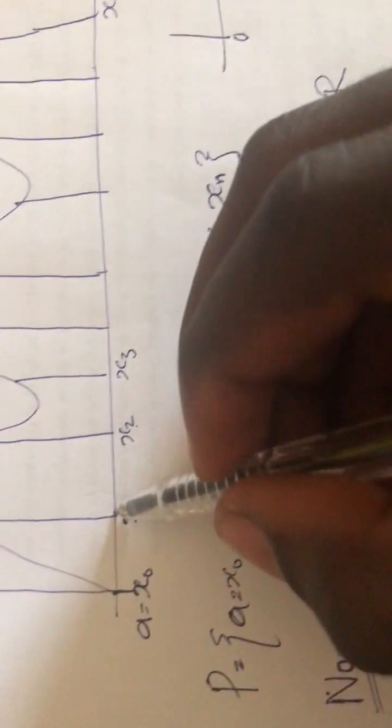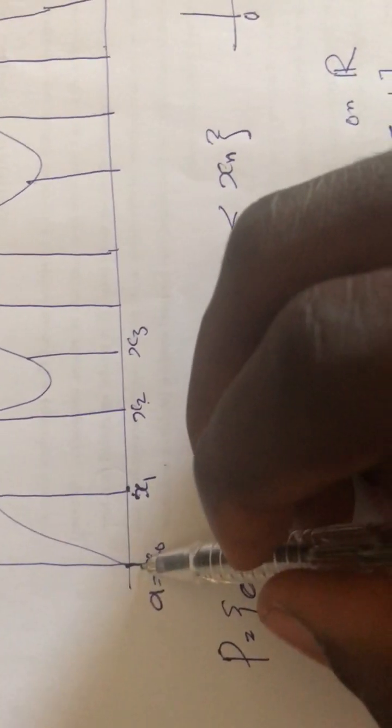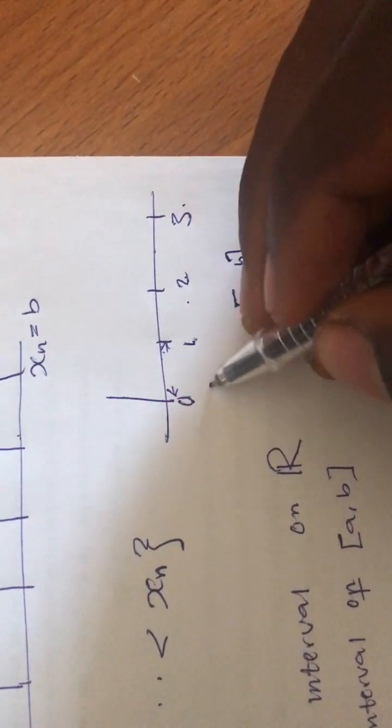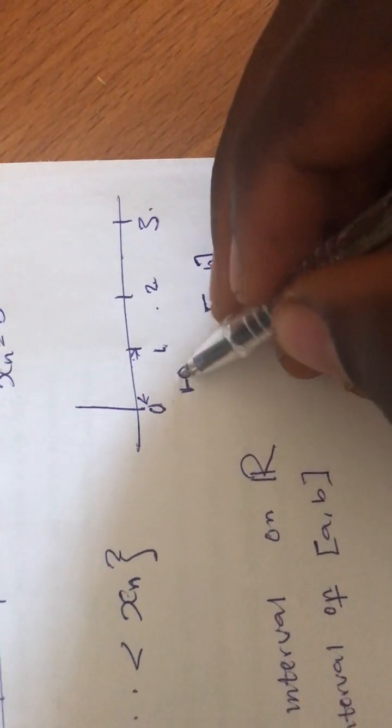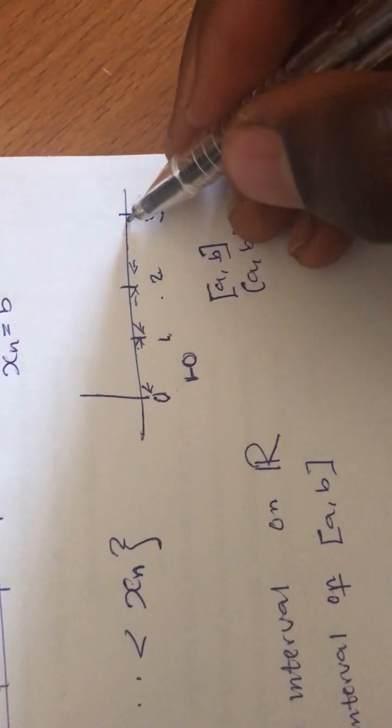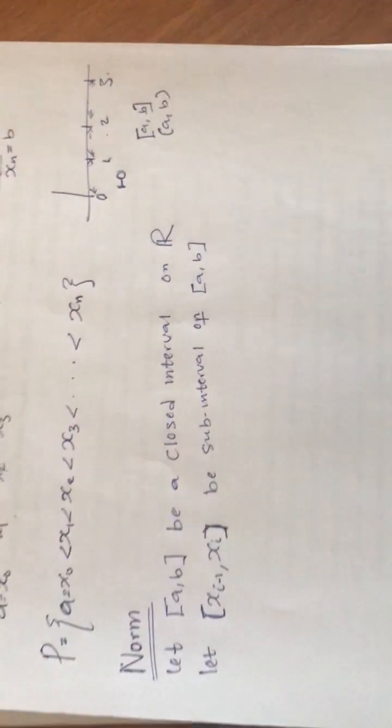To determine the size, like distance, it is always final minus initial. So if you want to look for the step size here, it will be 1 minus 0, and you can see the step size here is 1. That's how you calculate step size. But in this case, we are slicing it, so we are not maintaining any step size. So we just say size of each part.